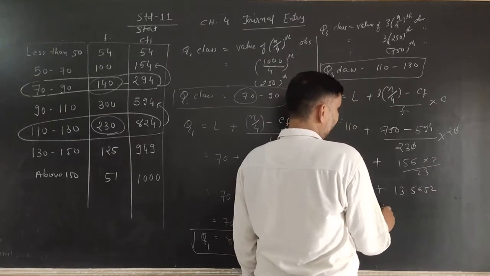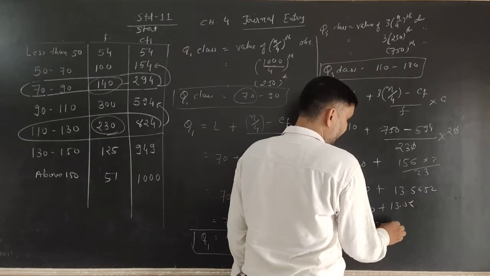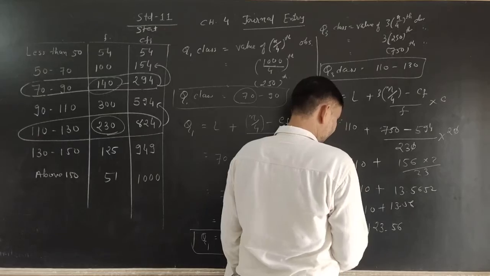So 110 plus 13.56 is 123.56. That is Q3.